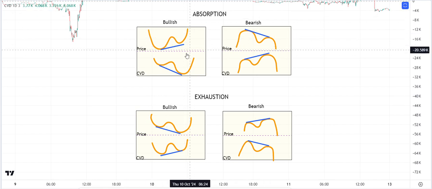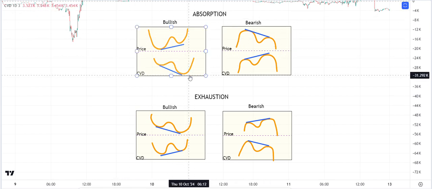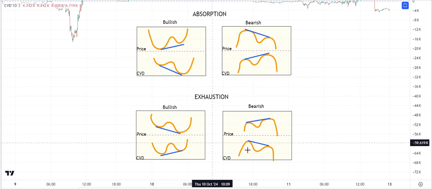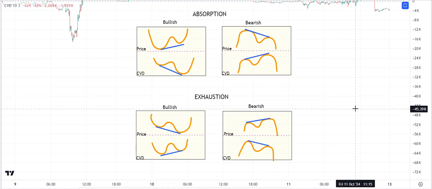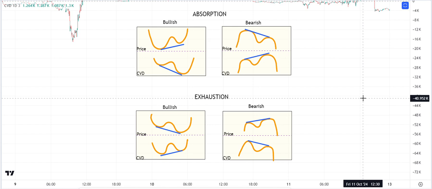So that's absorption, and this is exhaustion. What you'd want to do now is get a notebook. I realize now the reason I can't get more data is because TradingView doesn't save as much volume data as other platforms.